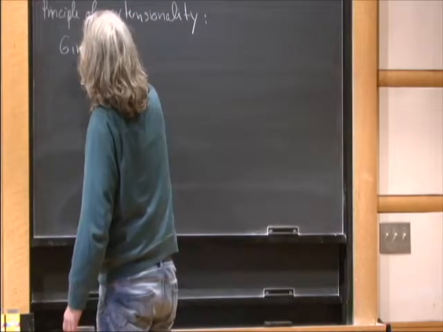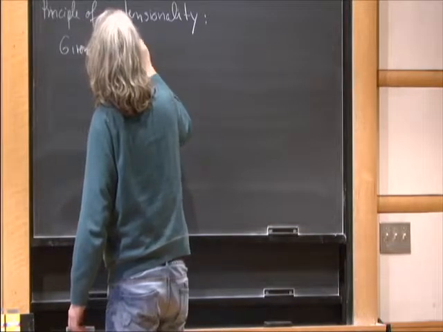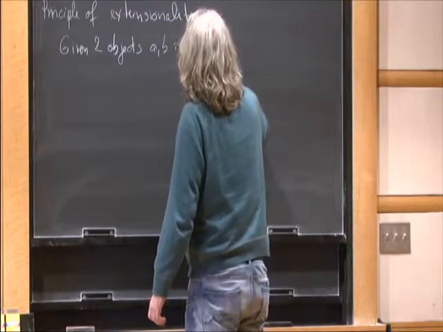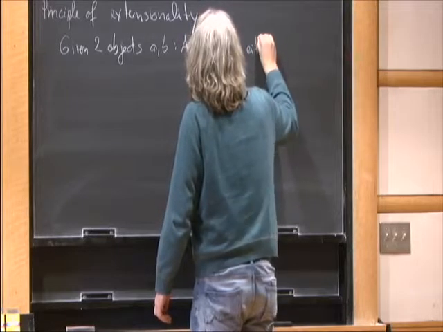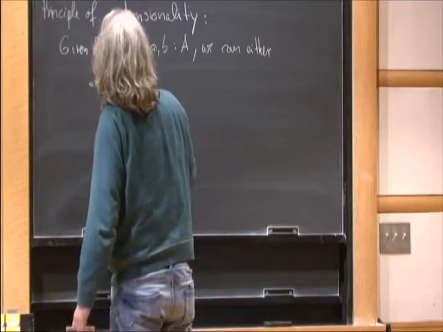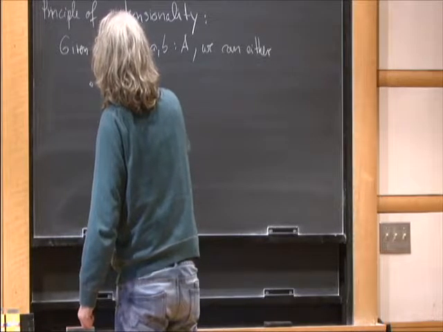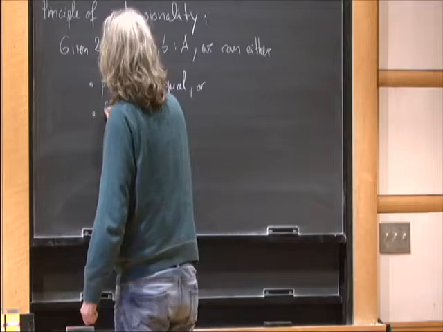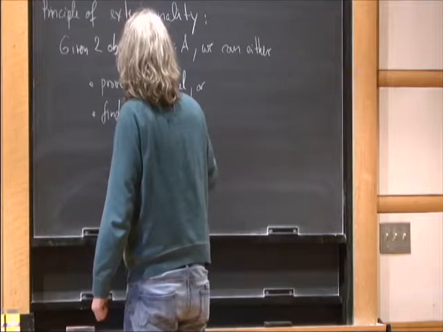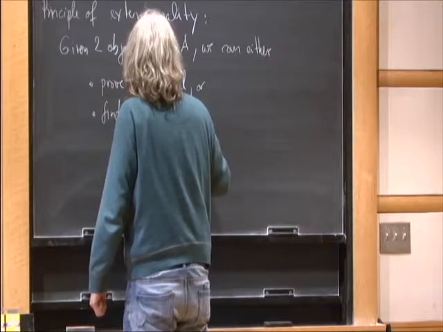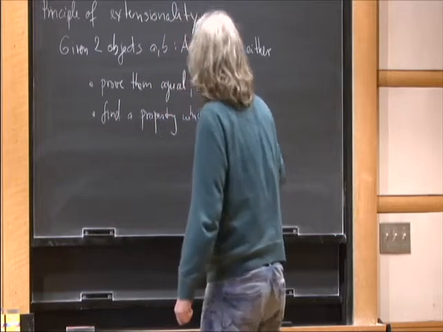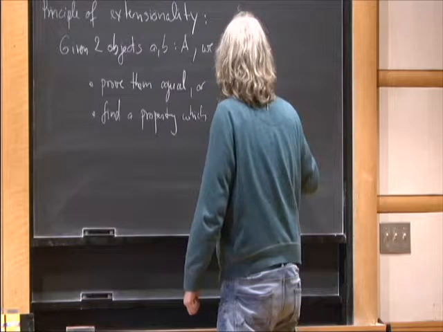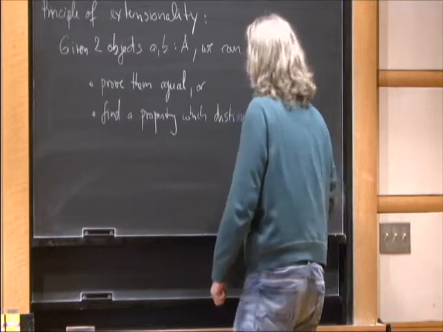Given two objects A, B, of A, we can either prove them equal or find a property which distinguishes them.